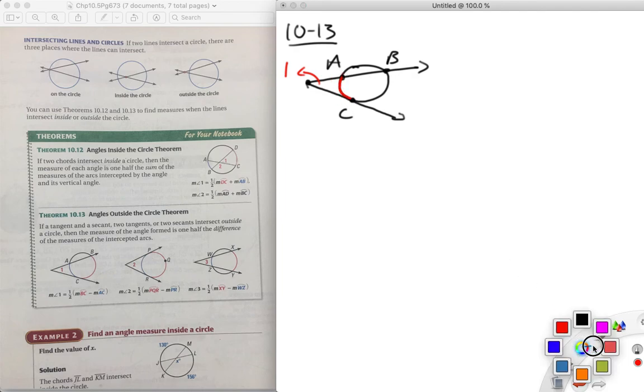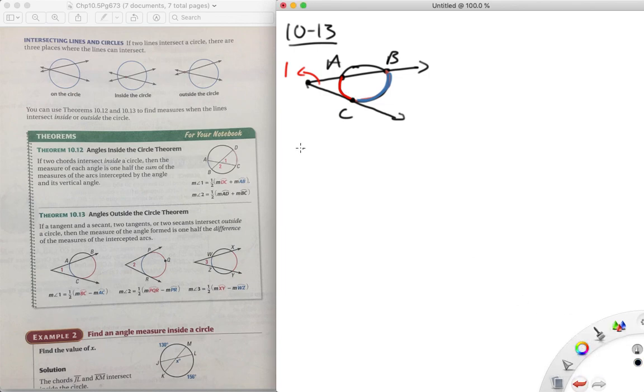And this is going to be my outside arc that's captured or intercepted. Okay. So notice that the outside arc is always going to be bigger. The outside arc is always going to be bigger than the inside arc when the intersection occurs outside of the circle. So we have arc BC, we have arc AC.